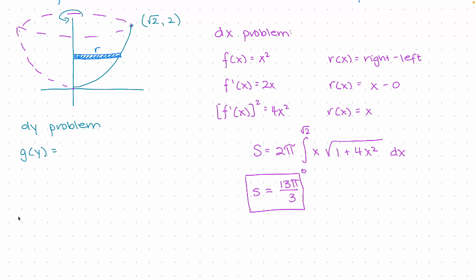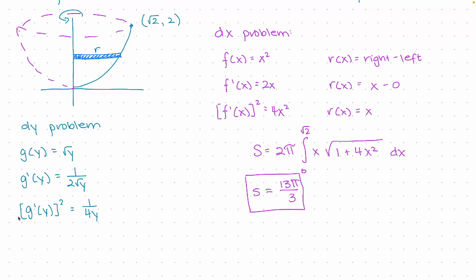What's my g of y going to be? If y equals x squared, then x equals root y. And then g prime of y is going to be 1 over 2 root y. So g prime of y squared is 1 over 4y.